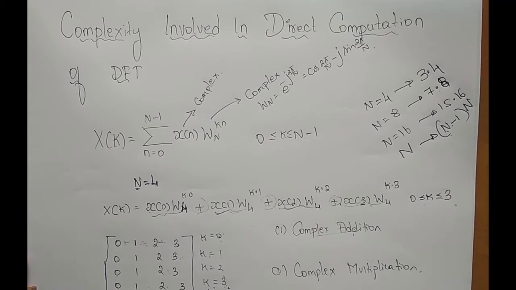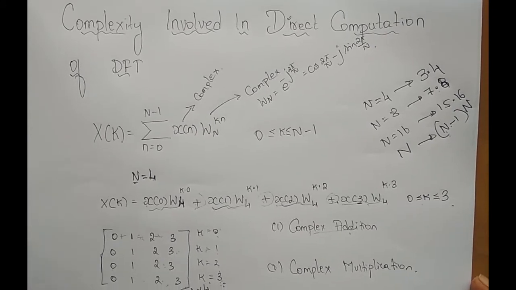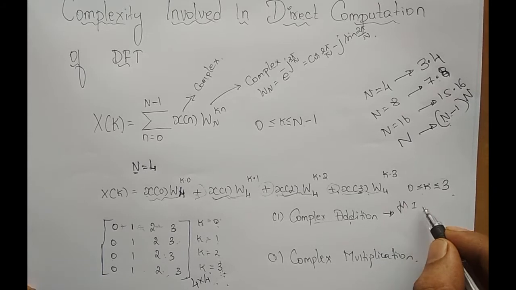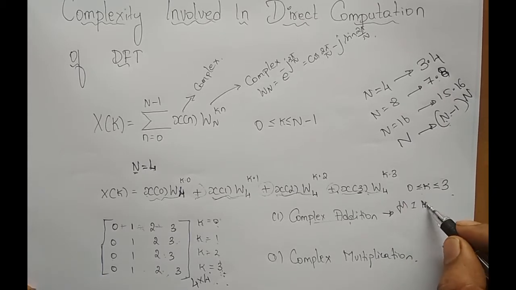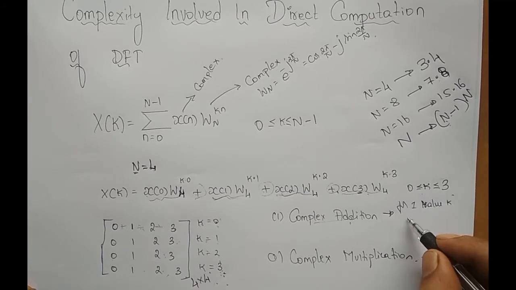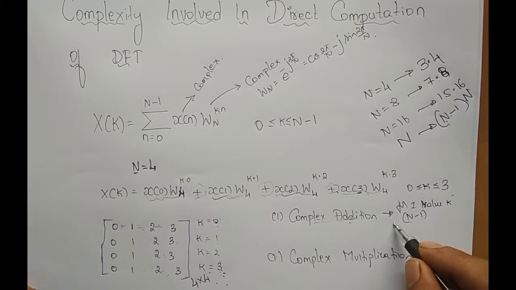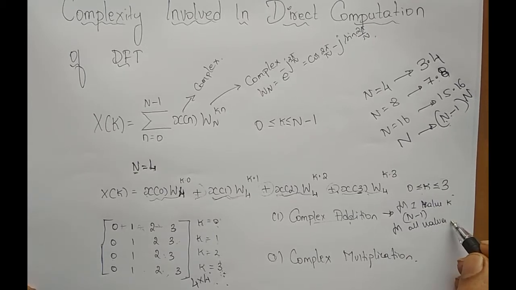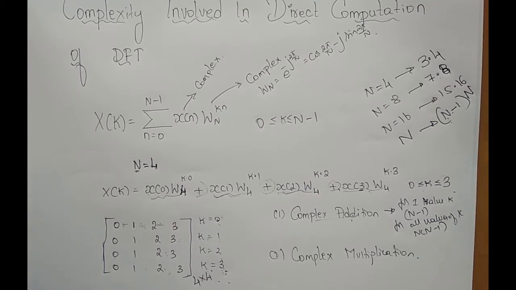N times N minus 1 complex additions are required for all values of k. So for one value of k it requires N minus 1, and for all values of k it requires N times N minus 1 complex additions.